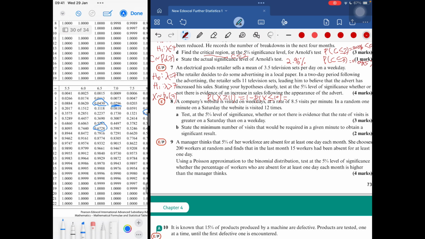So with 7 and 10 here, 1 minus 0.9015, which is 0.0985, larger than 0.05. So we fail to reject H0.